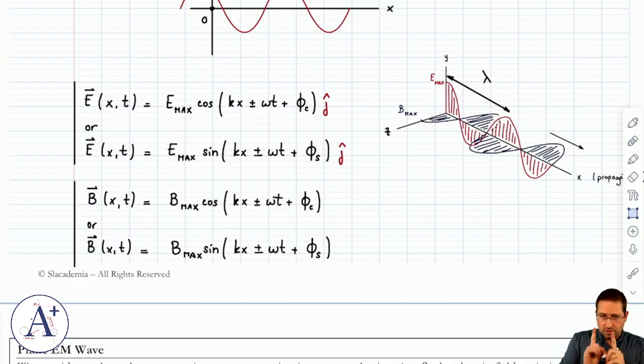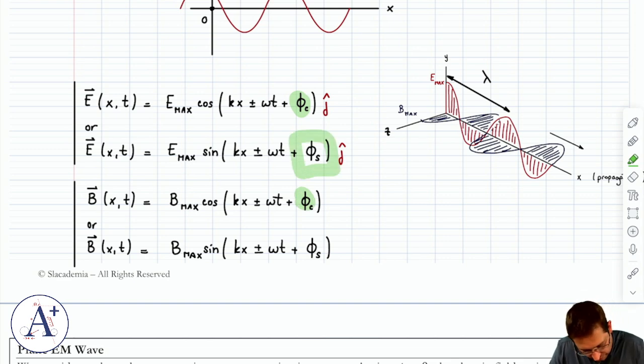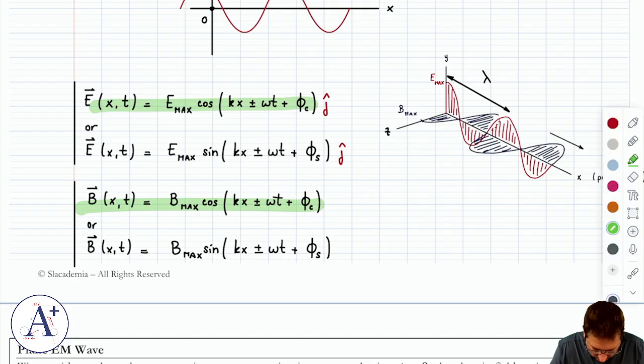The only difference, there are two differences. The first difference is that phi sub c is not phi sub s, right? So those are different, but whatever you found here, you're going to get the same one here. Whatever you found here, you're going to get the same one here. That's the point I'm trying to make. So if you have this, then you get this. Whereas if you have this, then you get this.